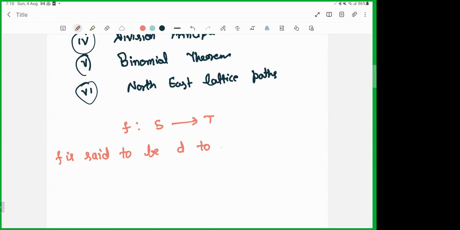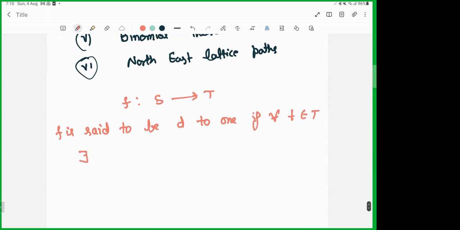A function f is said to be D to 1 if for all t belongs to T, there exist D many s1, s2, ..., sD belonging to S such that f of si is t.